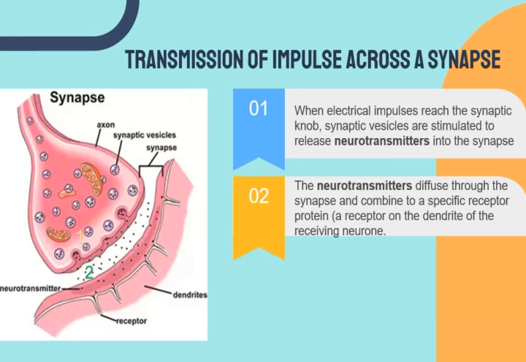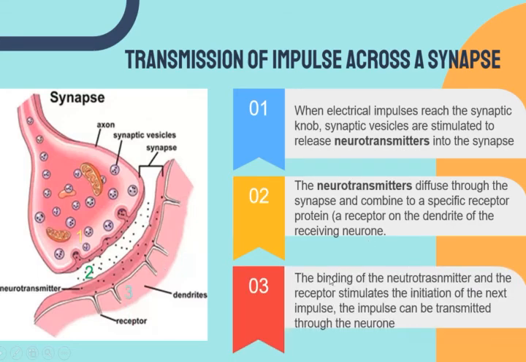The location of the receptor is on the dendrites of the other neuron, or the receiving neuron. And then the binding of the neurotransmitter and the receptor stimulates the initiation of the next impulse. The impulse can be transmitted through the neuron.